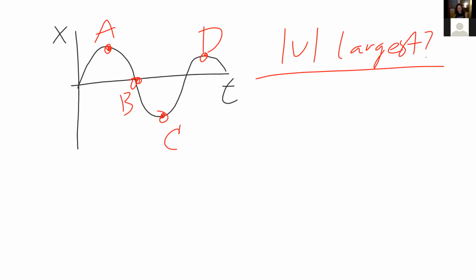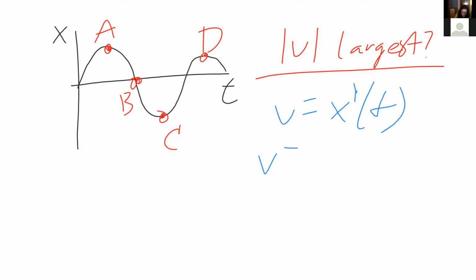So in that case, what we need to be able to do is to take a position versus time graph and relate that back to velocity. Well, I know the velocity is the derivative of position. And since velocity is the derivative of position, remember the derivative is just the slope, right?